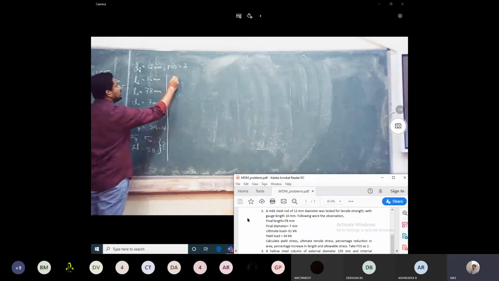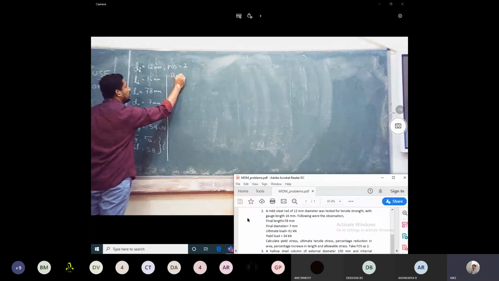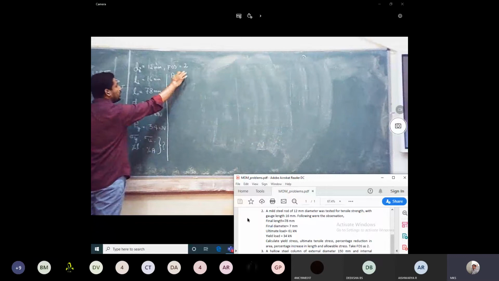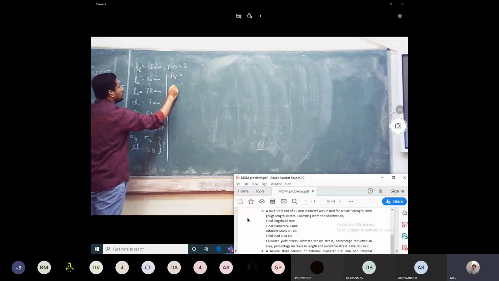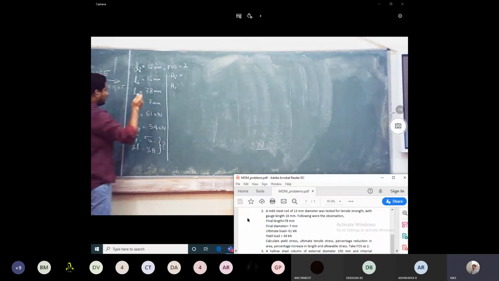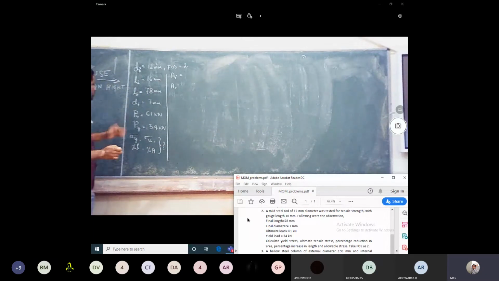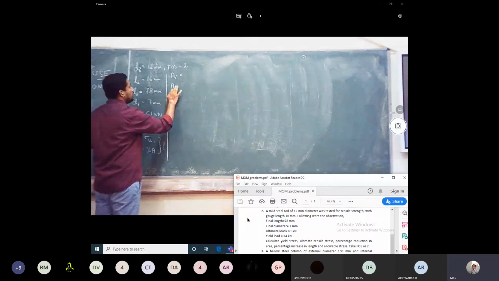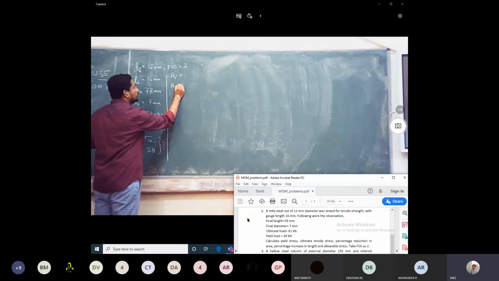Since DI is given, find out AI. Initial area of the rod is AI, final area is AF, with DI and DF as the initial and final diameters.